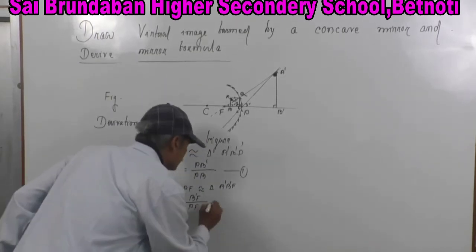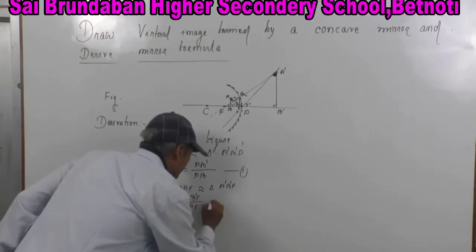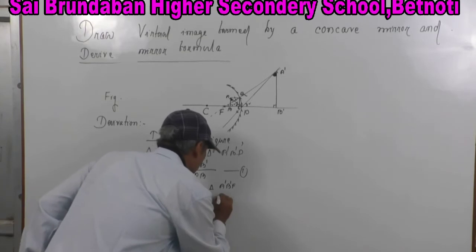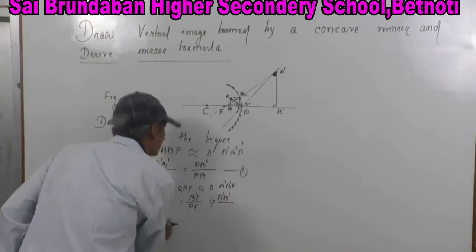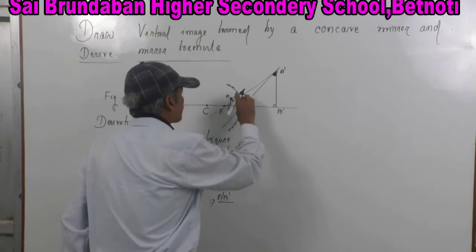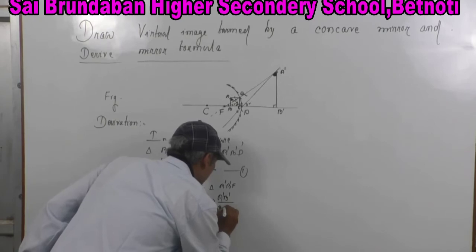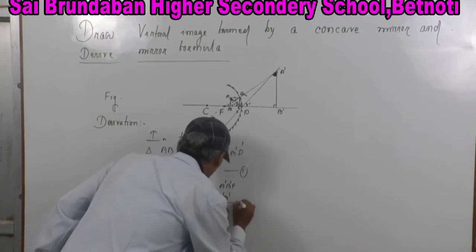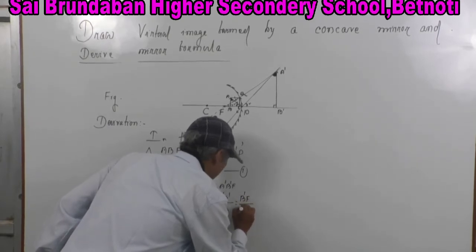Implies A dash B dash by QP, and QP is the same as AB, so A dash B dash by AB is equal to B dash F by PF.